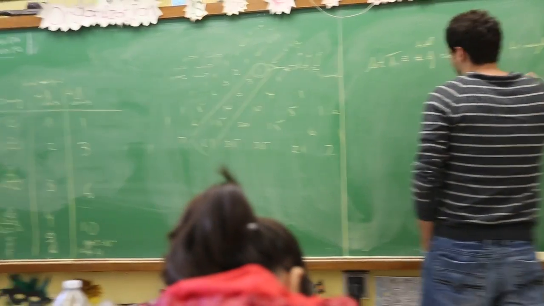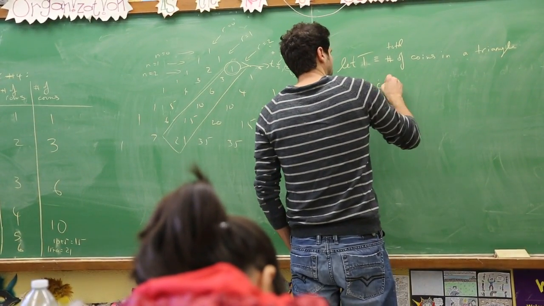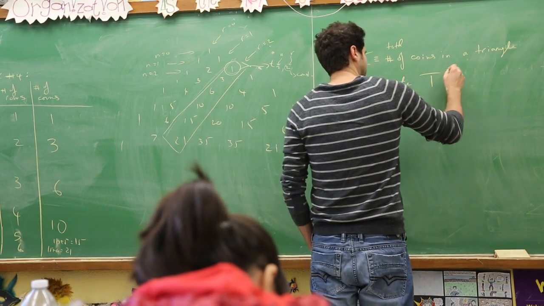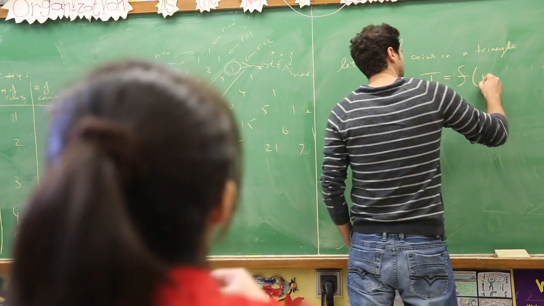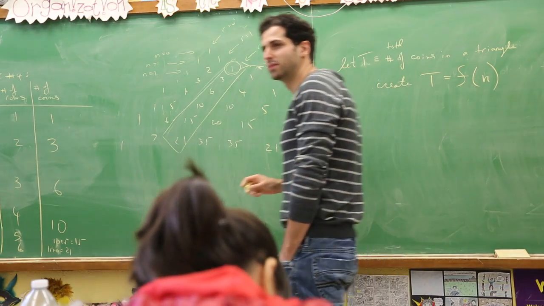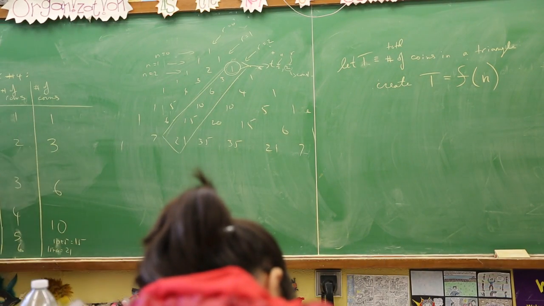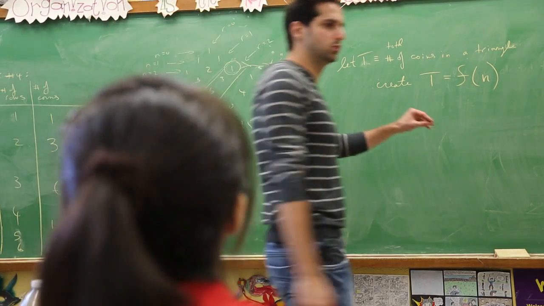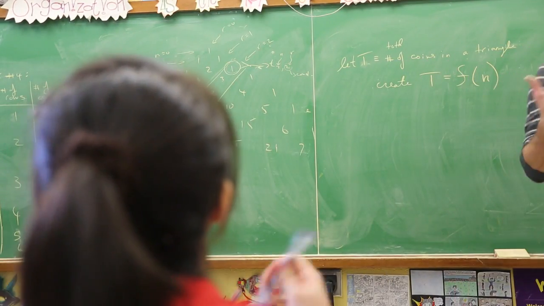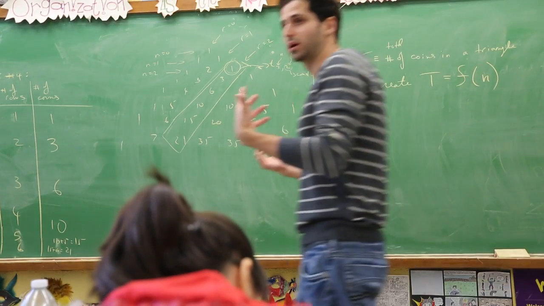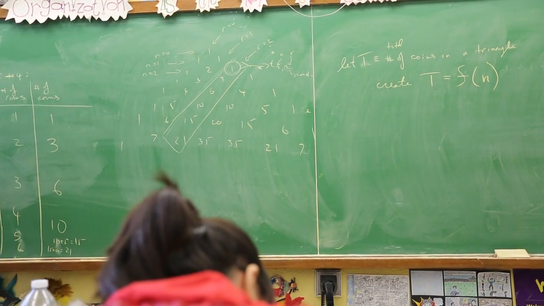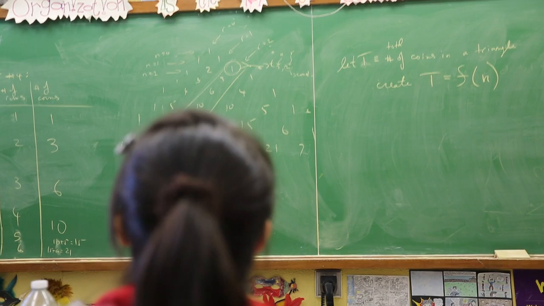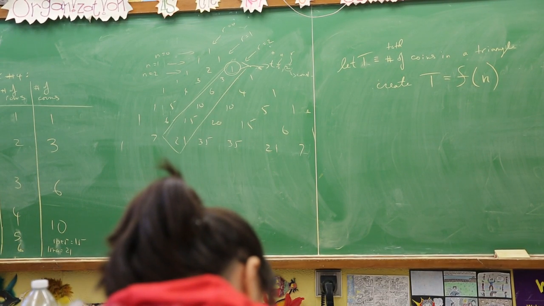And then let's also create T as a function of n. Does that make sense? You guys follow that? So can we create a formula, T, that gives you the total number of points in the triangle, which is a function of the row number you are in the triangle? Does that make sense?